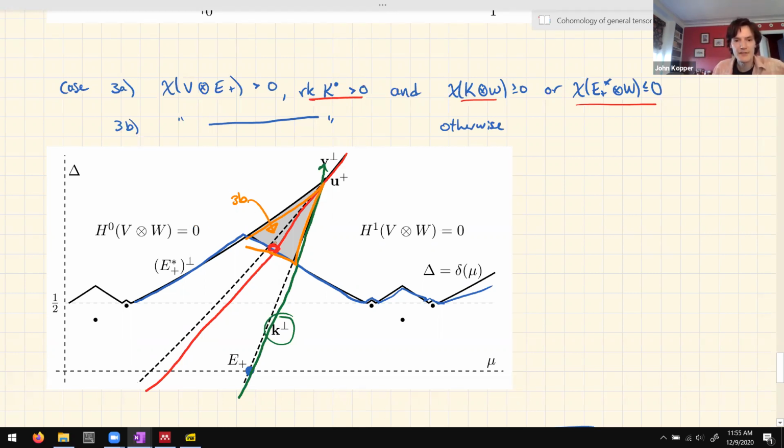So 3B, if W is inside the shaded region, all this data constructed from V, that was when I had unexpected cohomology. So the picture that I'm trying to convince you of is that not only does V have to be somewhat special in order for there to be unexpected cohomology, but even if V is special in that way, meaning that the Euler characteristics are as follows and the rank of K is as follows, then W also has to be kind of special.